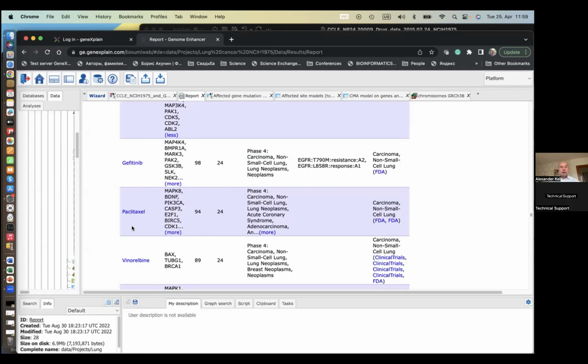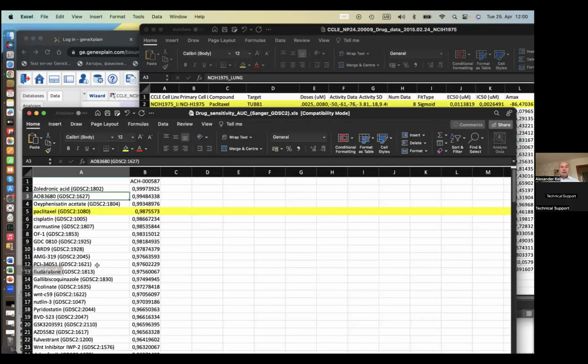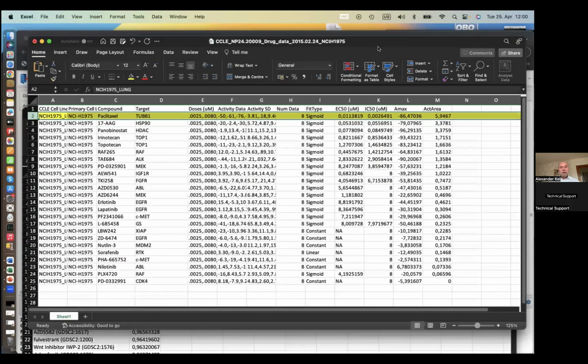And when we look into the data coming from the Cancer Cell Line Encyclopedia, which is related to another resource in NCBI, people were analyzing which drugs are affecting various cell lines.